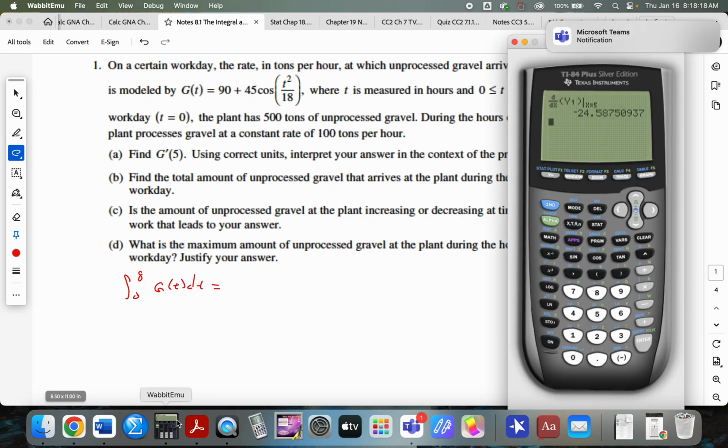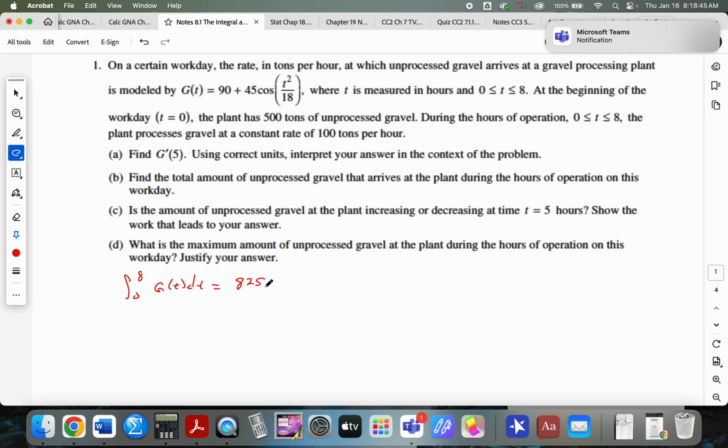Since we've put that into your calculator already, we can just do math 9, the integral from 0 to 8 of Y1 with respect to x. So that's 825.551 tons.